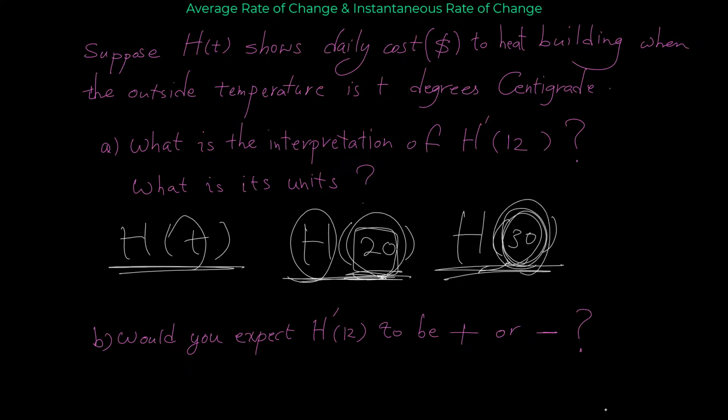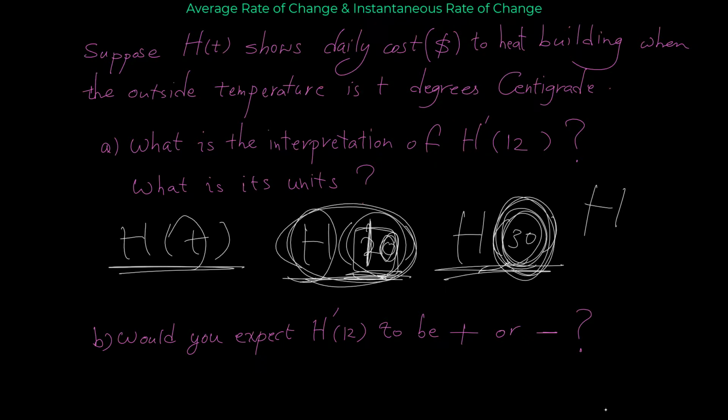When the outside temperature is 30 degrees, it's basically a hot weather, and so the cost of heating should be 0 or very small number, because already the weather is good and there is enough heat. What is the meaning of h of 10? And what do you expect about h of 10? Of course, h of 10 is a bit maybe big number because the outside temperature is 10, and so the heating cost is a bit high.